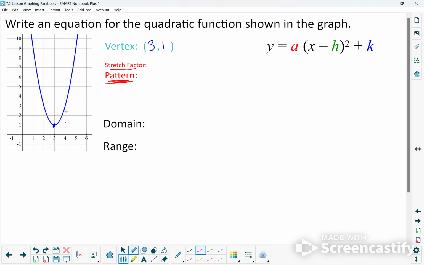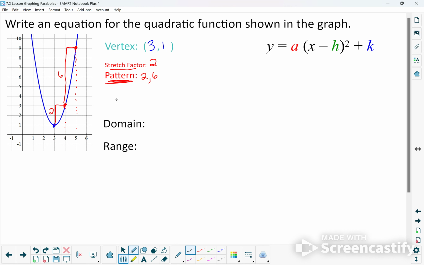Well, if I go over 1, I'm right here, so I'm going up 2 over 1. And then my next height is way up here. So I went up 2 and then up 6. So that means the stretch factor is 2, because our base pattern is 1, 3, 5. So our 1, 3, 5 pattern has gotten doubled.